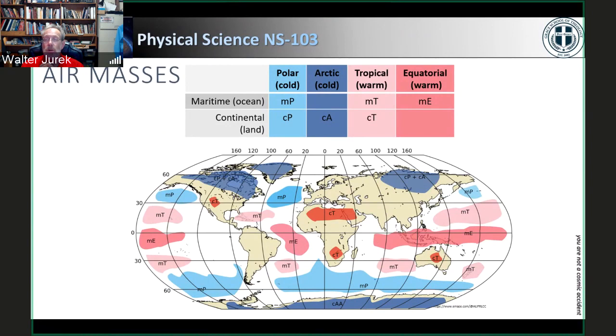So right there in the middle of the Atlantic Ocean between North America and Europe, you see little baby m with a capital P. For maritime, we'll use a little baby m, and for polar, we'll use a capital P, mP, maritime polar. We're going to use a little baby c for continental.